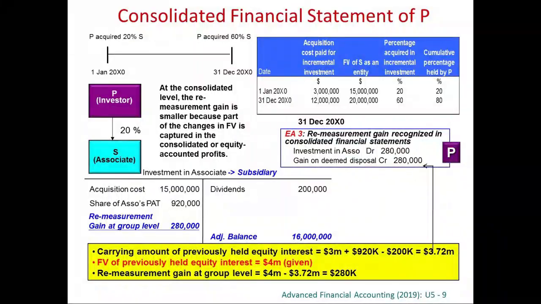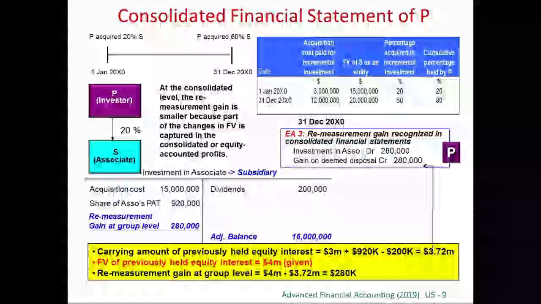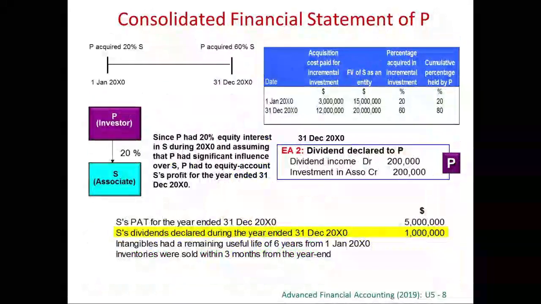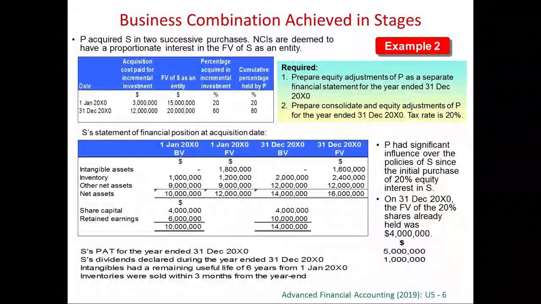But on 31st of December, suddenly you purchase another 60%. And now it becomes our 80% subsidiary. Because of this, any previously held interest must be revalued to fair value at the day of acquisition. This is a previously held interest. It must be at fair value at the day of acquisition. The question says that on the day of acquisition, that means 31st of December, the fair value of this 20% is 4 million.